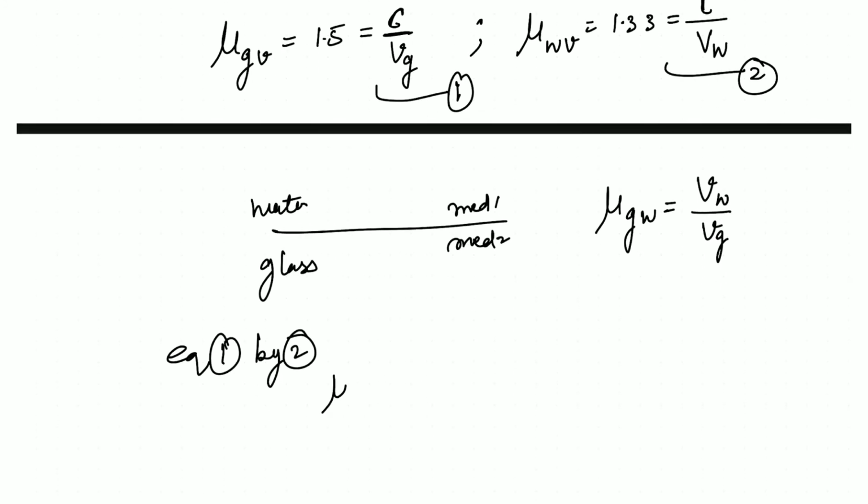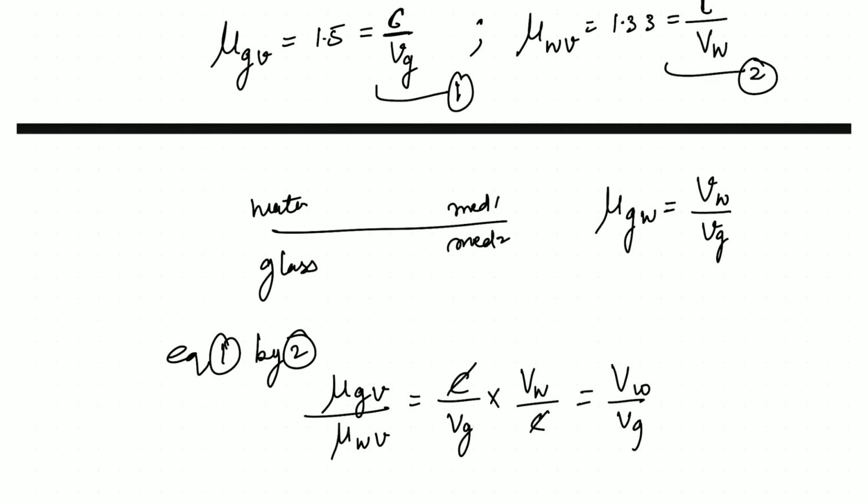So when you divide it, very simply you will get the refractive index of glass with respect to vacuum over the refractive index of water with respect to vacuum, and you will see here c upon Vg multiplied by the velocity of light in water upon c, and this will cancel out.